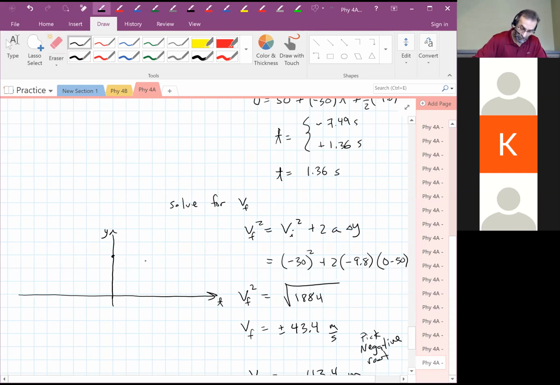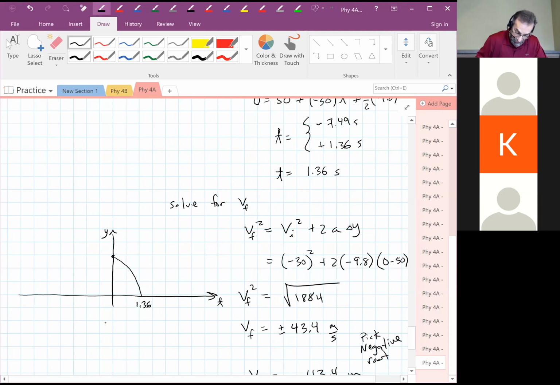It's hard for me to draw it. It's going the wrong way for me. I'm right-handed. How's that? So at 1.36 seconds, it's hitting the ground, right? That would look something like that.